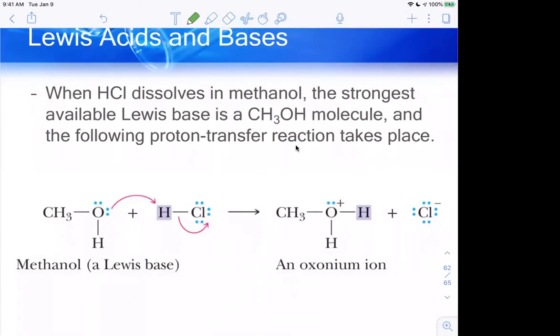But for now, we just need to be able to recognize Lewis acids and bases. Methanol is acting as a Lewis base here. The HCl is acting as a Lewis acid. And what I'm going to get here is protonated methanol. Remember, I'm forming this bond and I'm breaking this bond, and what I get is this oxonium ion, which is basically a protonated methanol.